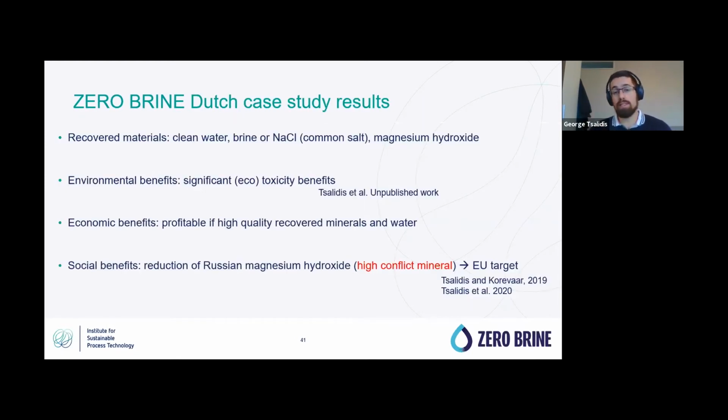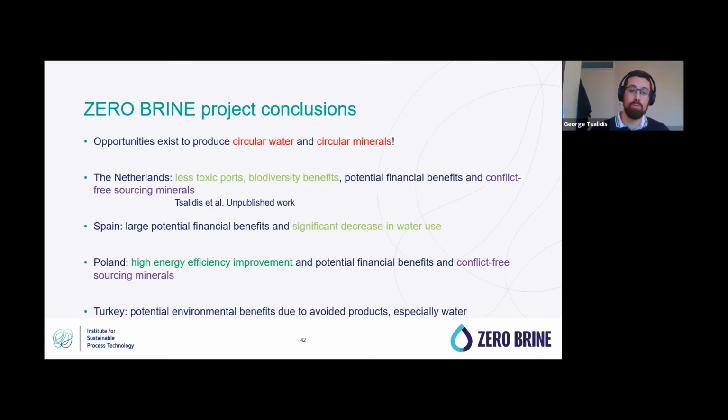So from the Dutch case study, the recovered materials result in significant ecotoxicity benefits for that location, economic benefits if the recovered minerals and water are of high quality, and social benefits because of the reduction of imports of Russian magnesium hydroxide, because, as I said, it's a high conflict mineral and the European Union wants to reduce this kind of mineral consumed in Europe.